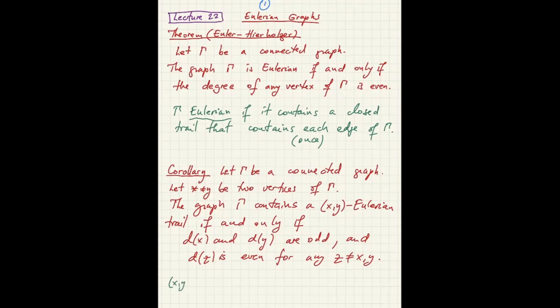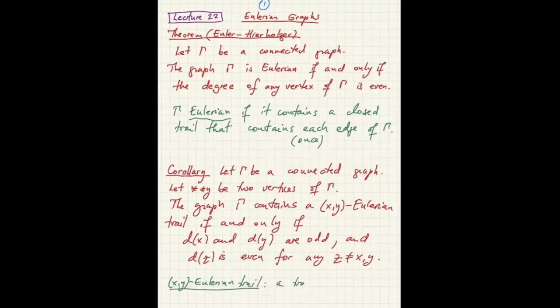By an XY Eulerian trail, we mean a trail that starts at X, ends at Y, and contains each edge of gamma.